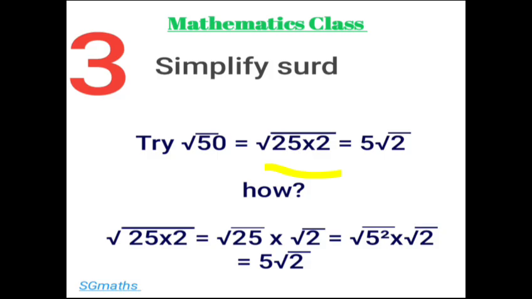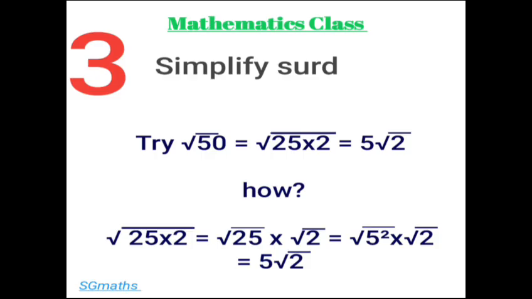Now root 25 times 2 is equal to, separate it, root 25 times root 2. When you separate it like this, we have root 5 squared, and root 5 squared is multiplied by root 2. So like the other time, the square takes away the square roots, and when the square takes away the square roots, we have 5.